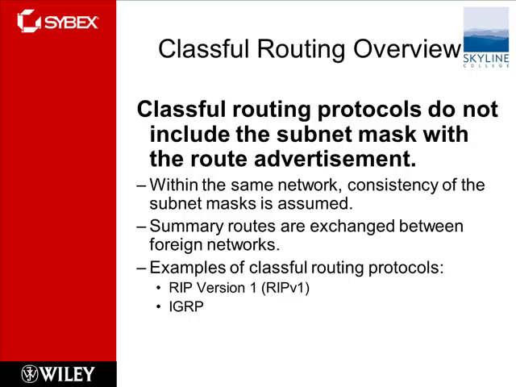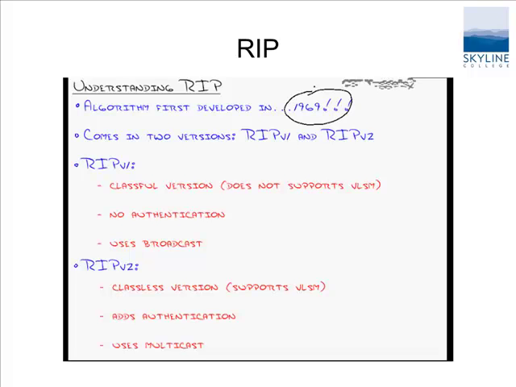Classful routing protocols, RIP v1 and IGRP. Again, IGRP you're not going to see, I don't think, unless you get some really old routers. RIP, the routing protocol, and these you can tell the ones I got from different locations because they have the really cool red background, but the algorithm was first developed in 1969, so it's been around a long time.